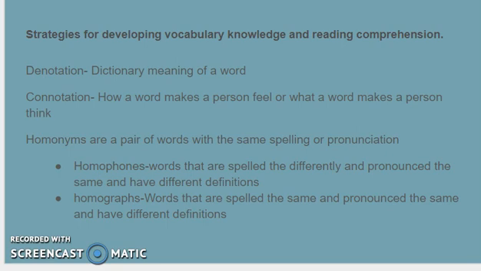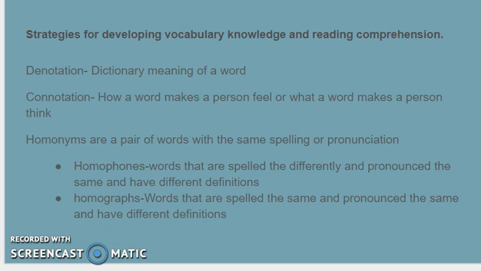So homonyms are a pair of words that have the same spelling and/or the same pronunciation. There are two types of homonyms: homophones and homographs. Homophones are words that are spelled differently, but pronounced the same and have different definitions.